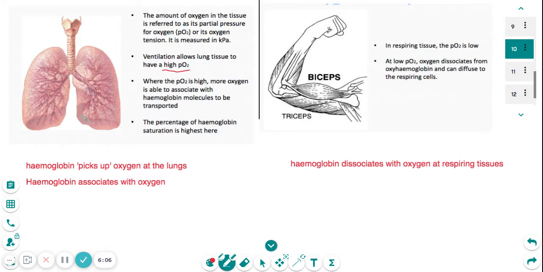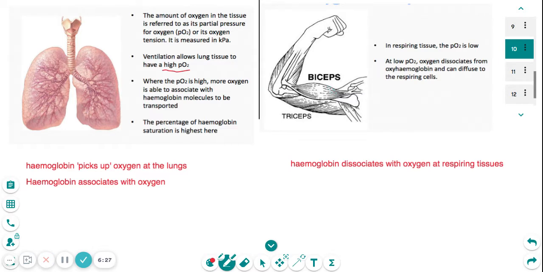Then when the blood moves away from the lungs and ends up at respiring tissues, I've used the biceps as an example because they're muscles; they respire a lot more than most other tissues because they work hard. But it applies to all tissues, these ones are just more oxygen hungry.